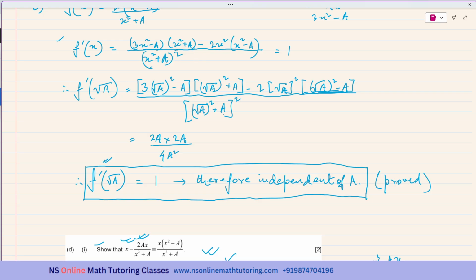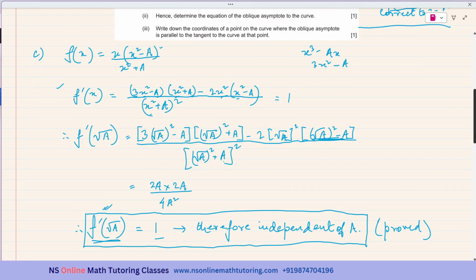Even this will be x squared times x squared, x to the power of 4. This will also be x to the power of 4. So it will not be a very easy case to find the x value. But over here, we are seeing that f prime of root a is equal to 1. Okay, this was the answer for subpart C.